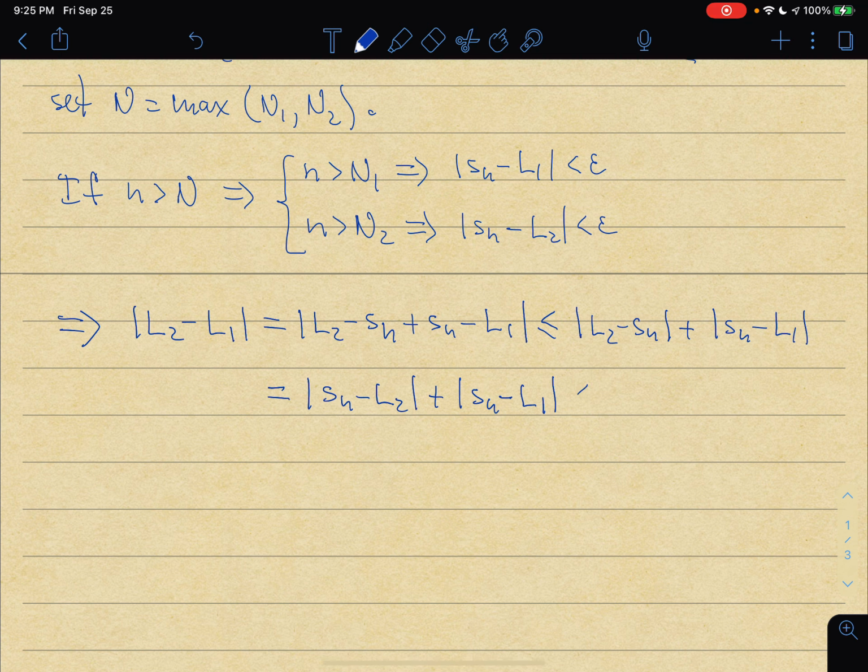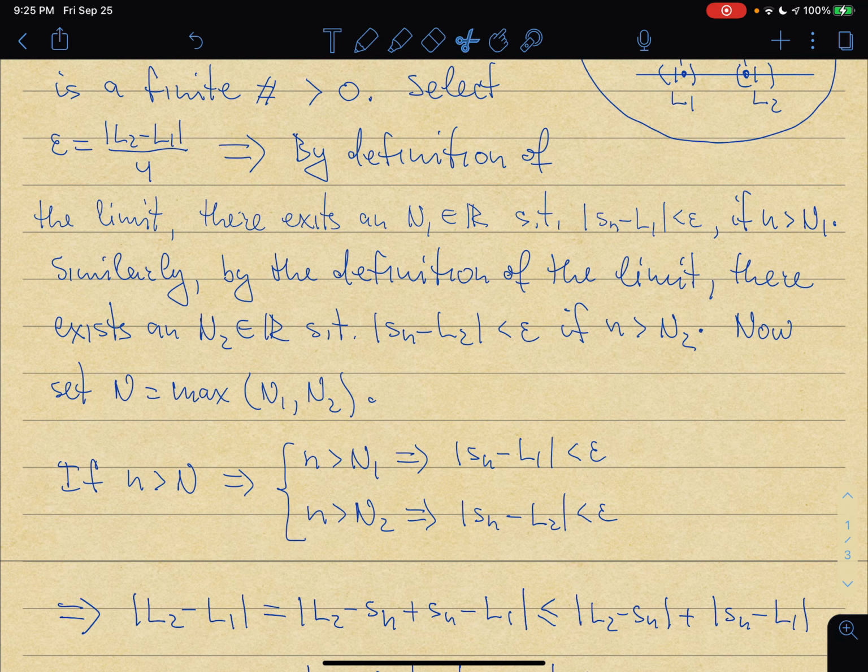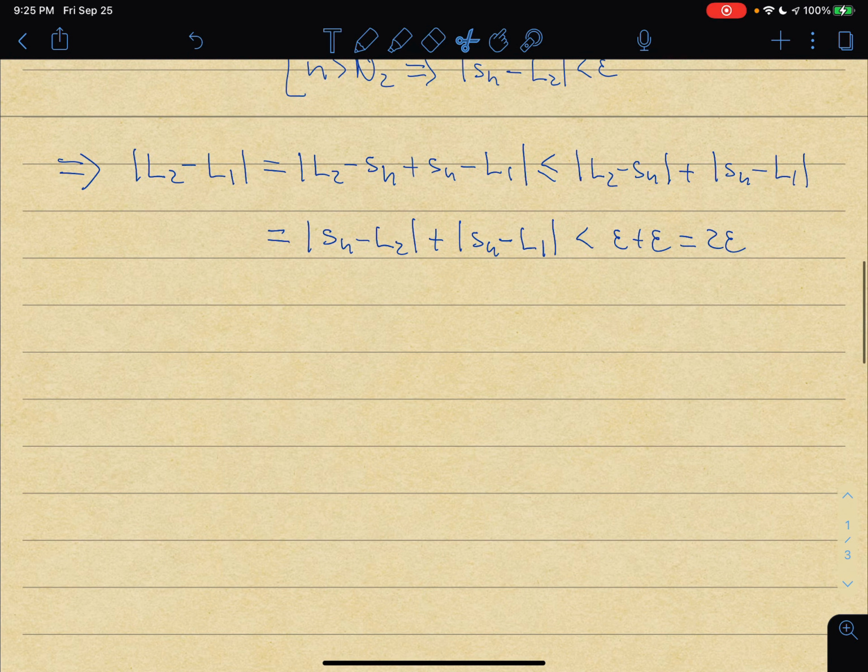So this is less than epsilon plus epsilon, equal to 2 epsilon. And then remember how we selected epsilon. Epsilon was (L2 - L1)/4. So I'm just going to substitute it back in. So this is equal to twice (L2 - L1)/4, which is (L2 - L1)/2.